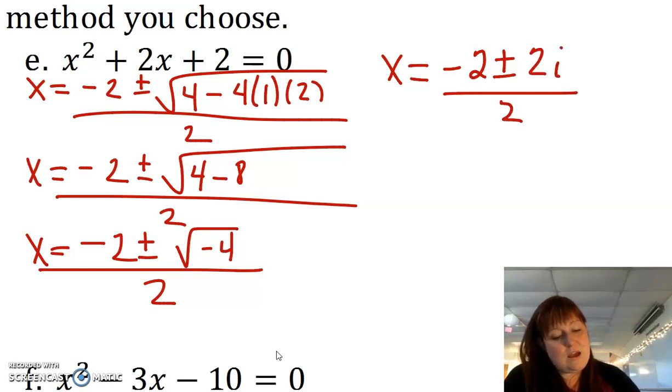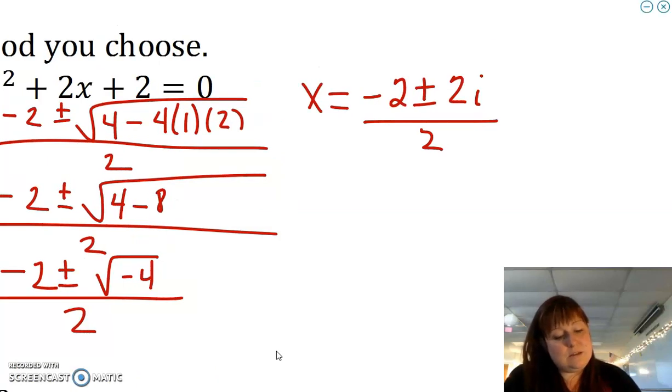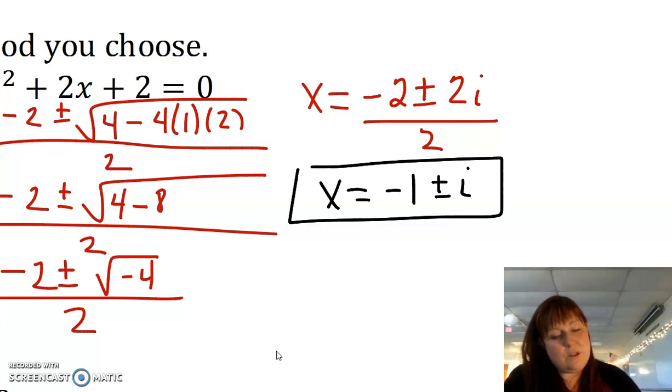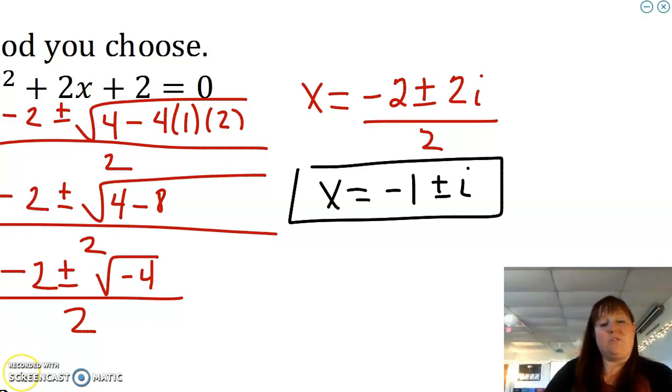And you notice that all three of these can be divided by 2. They all can be reduced. So x equals negative 1 plus or minus i. That's our final answer. Okay, so that's it for this video. I will do a couple more with a few more examples.